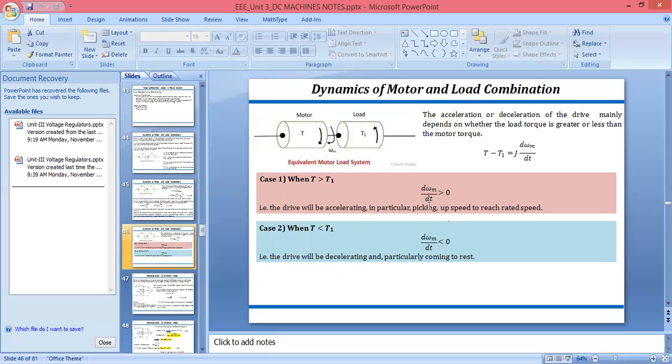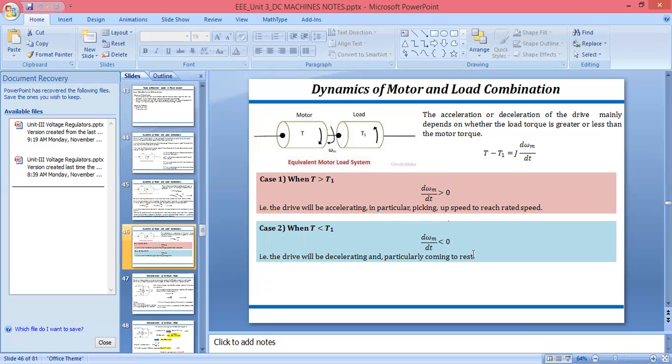So when the value of torque is greater than the load torque, the driver will be accelerating, and if the value of torque is less than the load torque, the driver will be decelerating, and eventually it will come to rest.